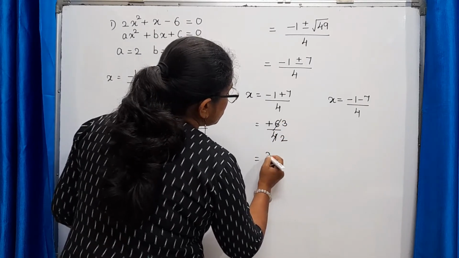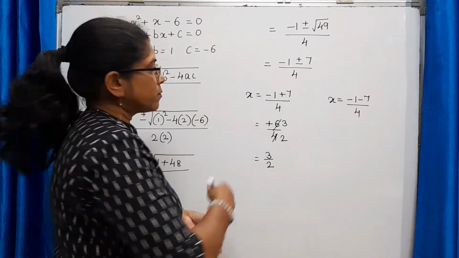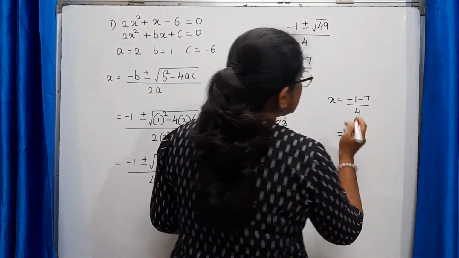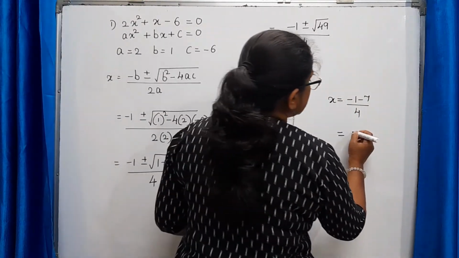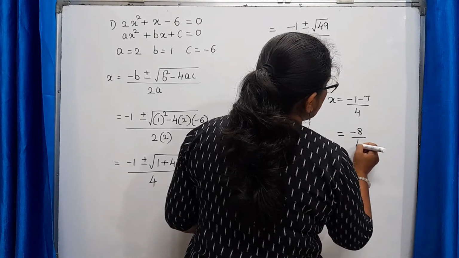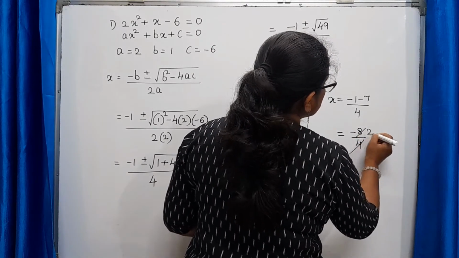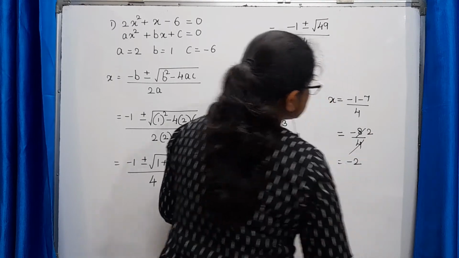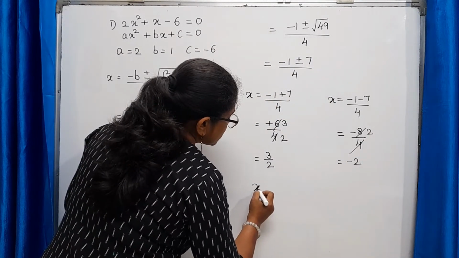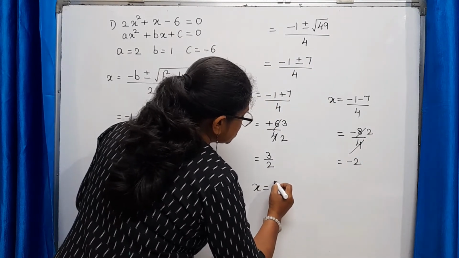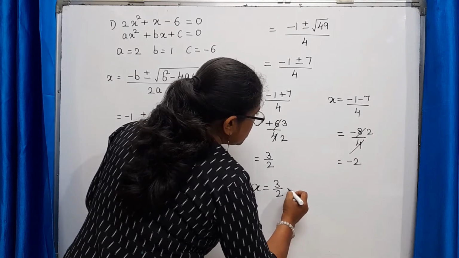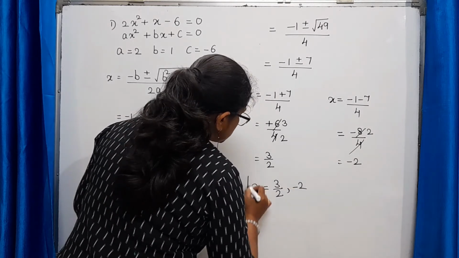So one value of x is 3 upon 2. Let's see what we get here. Minus 1 minus 7, it's minus 8 upon 4. 4 1s are 4, 4 2s are 8. The second value is minus 2. So the roots of this quadratic equation are 3 upon 2 and minus 2.